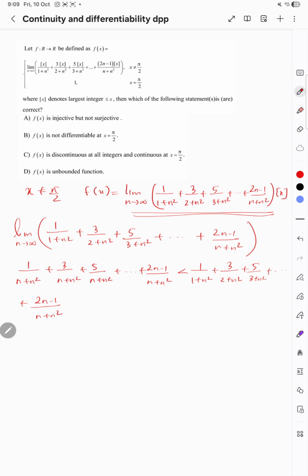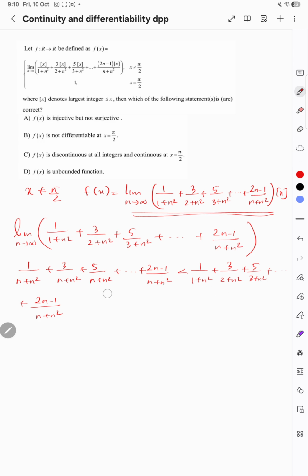We have an expression in which the denominators are different, and I considered an expression in which all the denominators are the same. It is clear that here the denominator is more than the denominators of the other expression, so this expression will be smaller than this one. So that we understood.